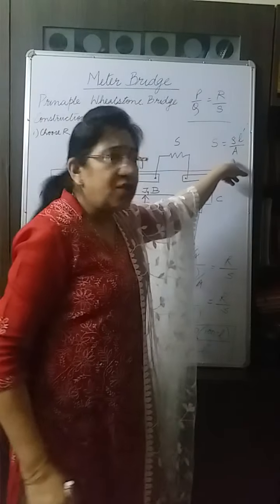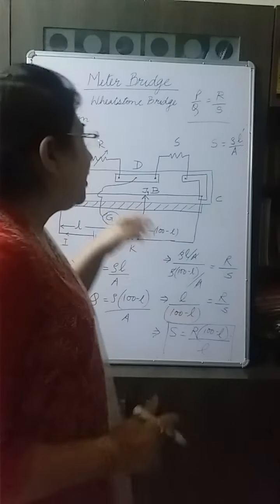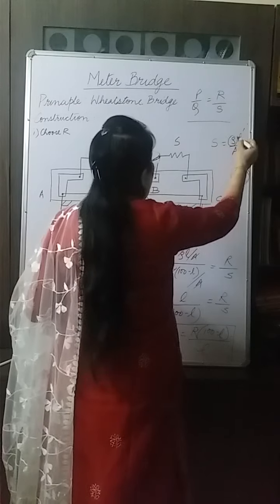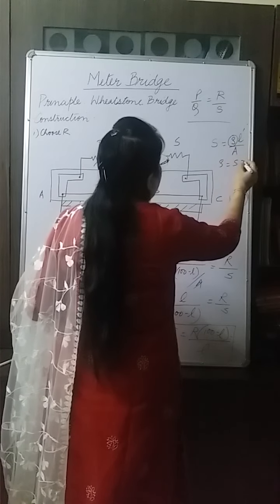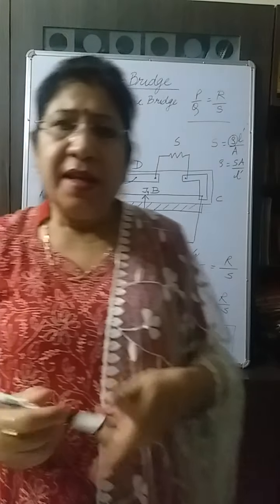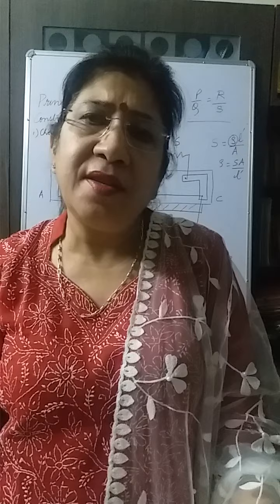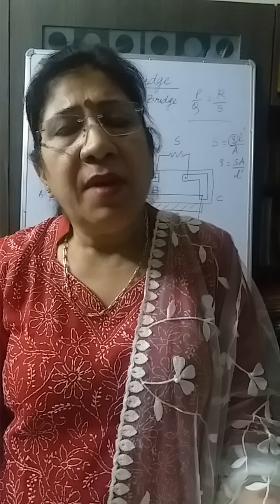The area of cross section of the wire can be found using a screw gauge, and the resistivity of the material of the wire can be calculated. So the meter bridge is a device which can be used to find unknown resistances or the resistivity of the material of the given wire.